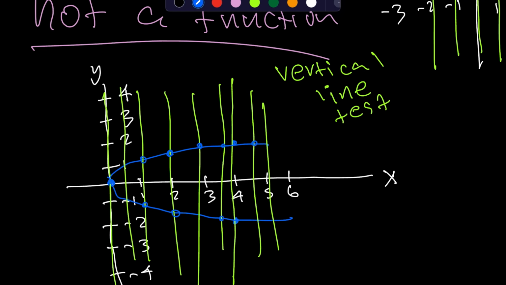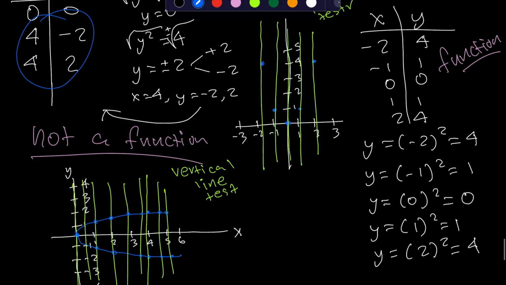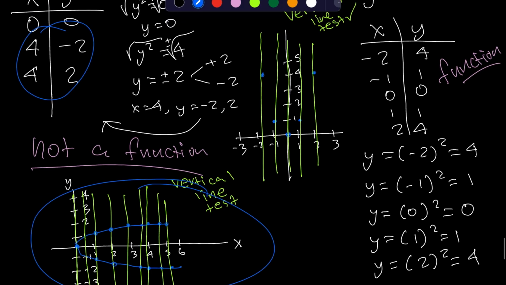But remember, all it takes is two dots along one x value, along one vertical line, to fail the test. So we can say that y squared equals x is not a function, which we just proved through the table and the graph.